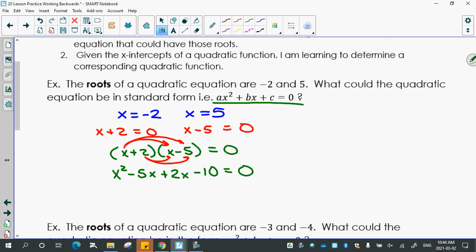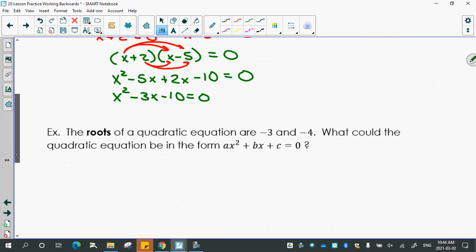And we're almost there, but we can collect the negative 5x plus 2x and make it negative 3x. So that would be the equation in standard form that would have those two solutions. Does that make sense? We're working backwards to see what the equation would be that has those roots.